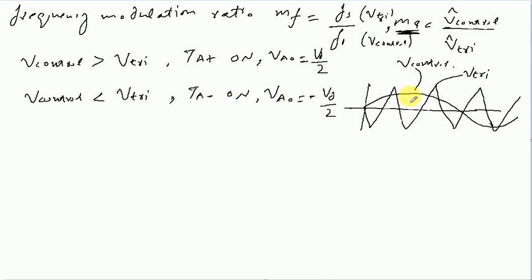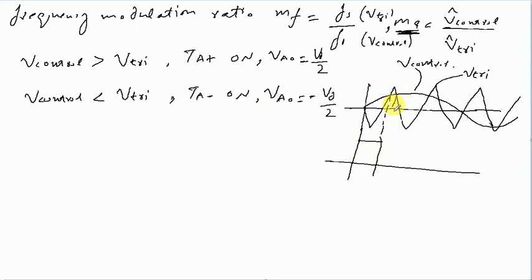You have already seen how this voltage becomes positive and negative, but this is how the PWM theory behind it works. So we just have a comparison over here. Up till this point, we can see that the control signal is greater than the triangular wave, so the first switch TA plus will be on and the output voltage will be plus VD by 2.